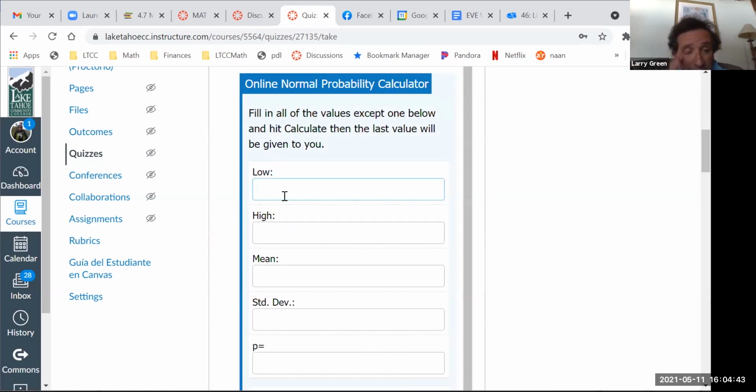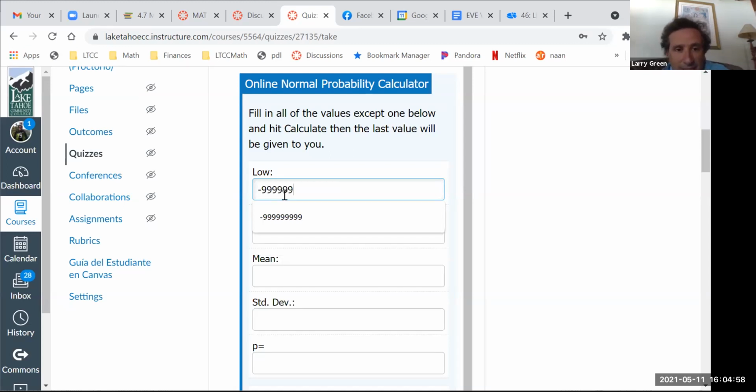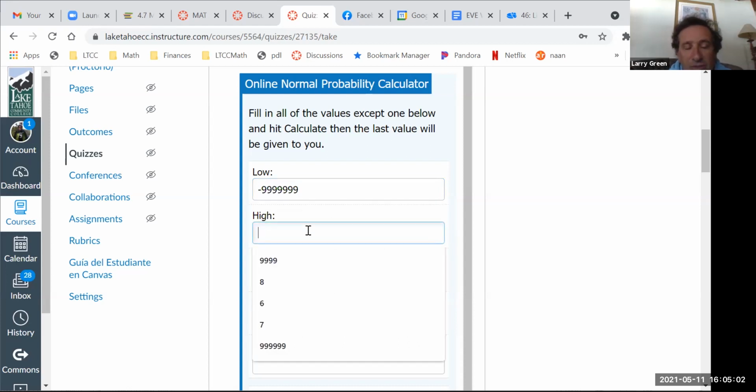We want the 75th percentile. So the low is, 75th percentile means that number and below has a probability of 0.75. And below means you go as far as you can. Negative 99999 is a bunch of nines. Okay, the high is what we want, so that one we leave blank.